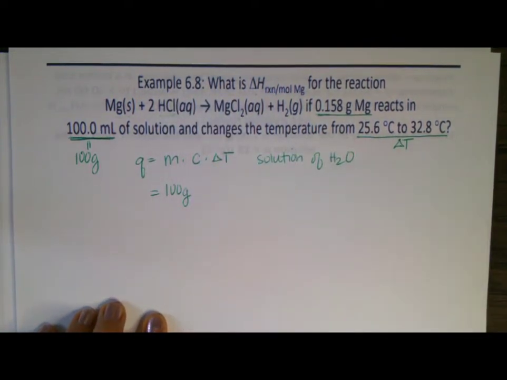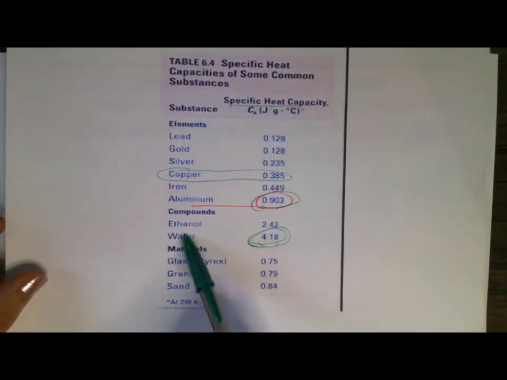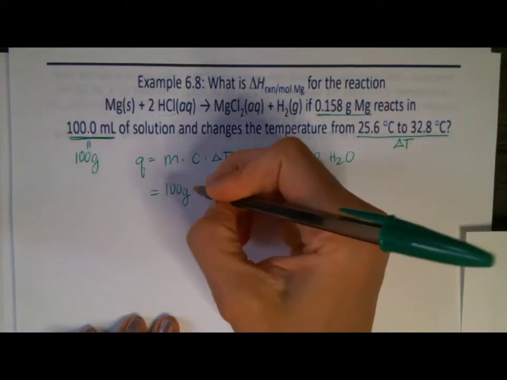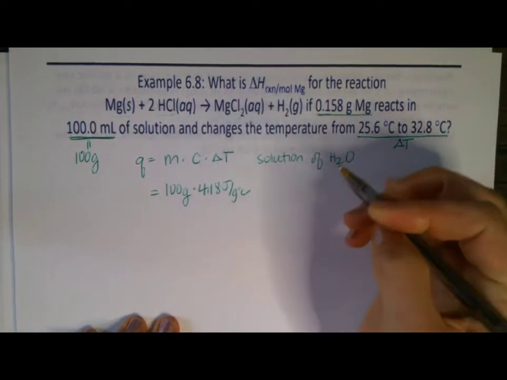We also know, if we look way back, that water's specific heat is 4.18. So we're going to use that for my specific heat, 4.18 joules per gram degrees Celsius.